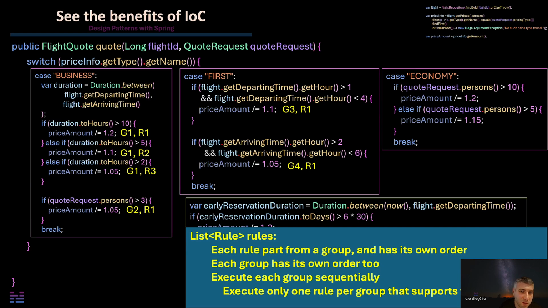Then you jump to the economy class. There is one group with 2 rules, so it's one group only. The next group is group 5, rule 1, and again in the same group, 5, rule 2. Then we move to the difference between the current time and the departing time.